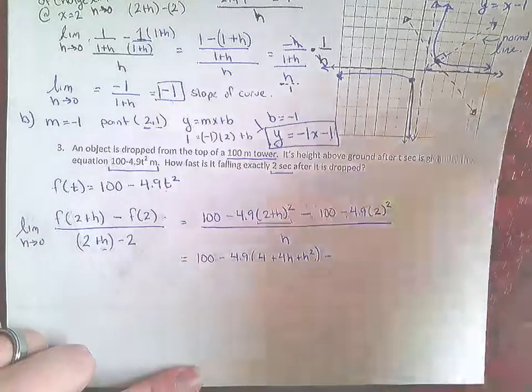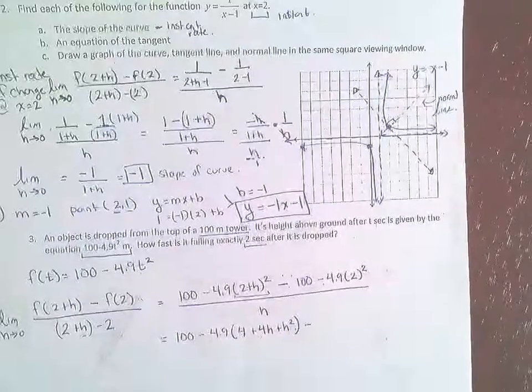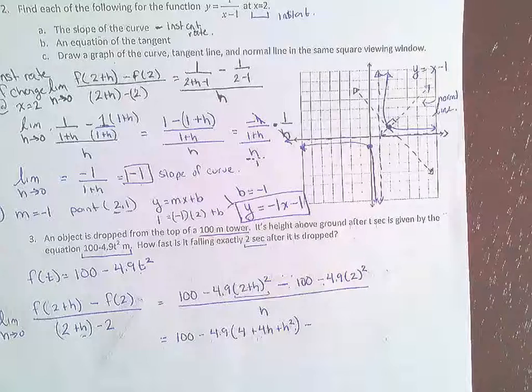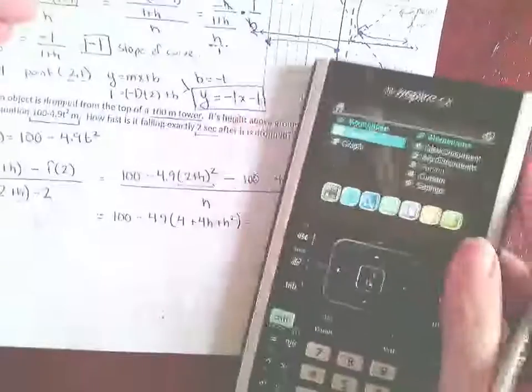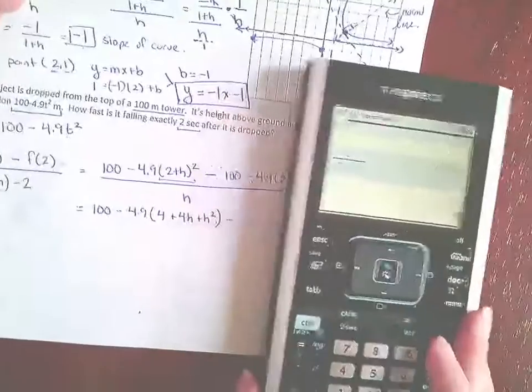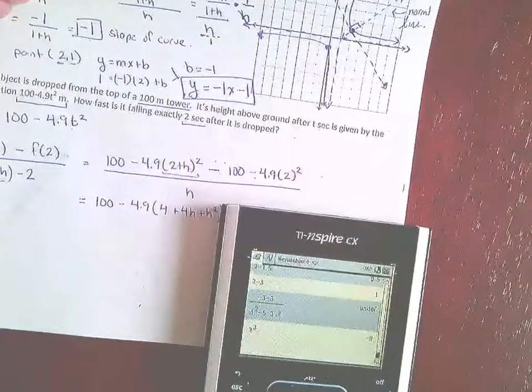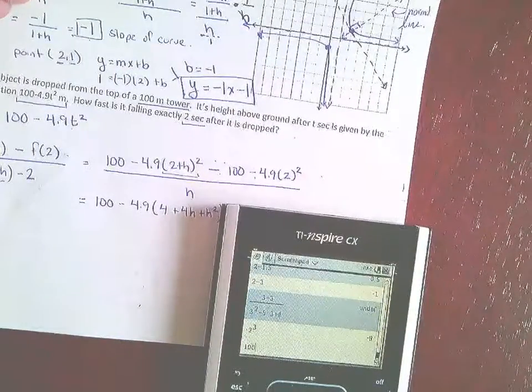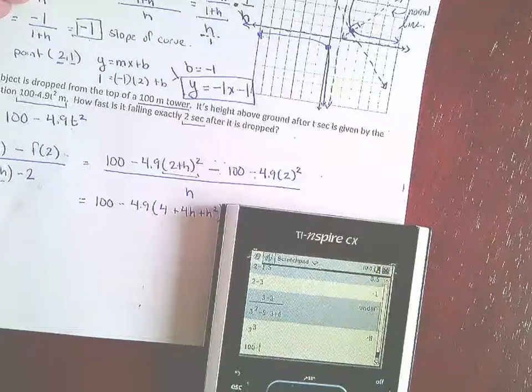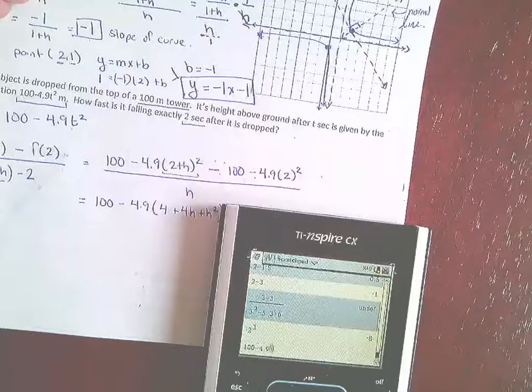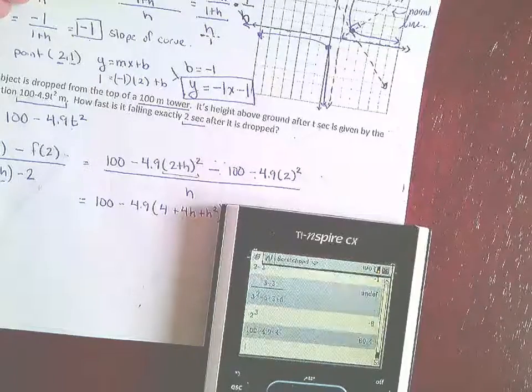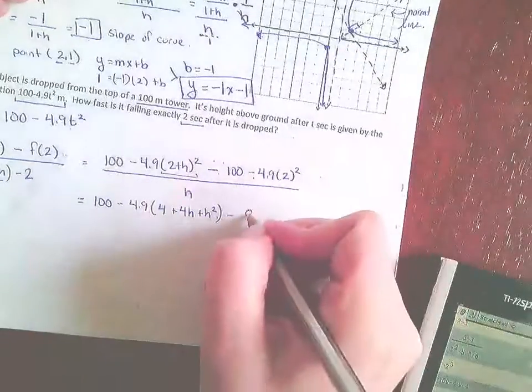And then minus, sorry, I need my calculator for a second, minus 100 minus 4.9 times 4, and that's 80.4.